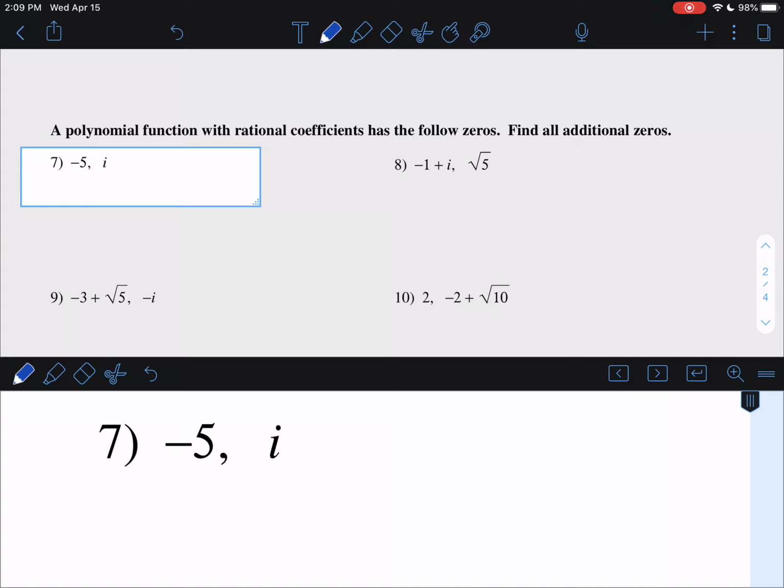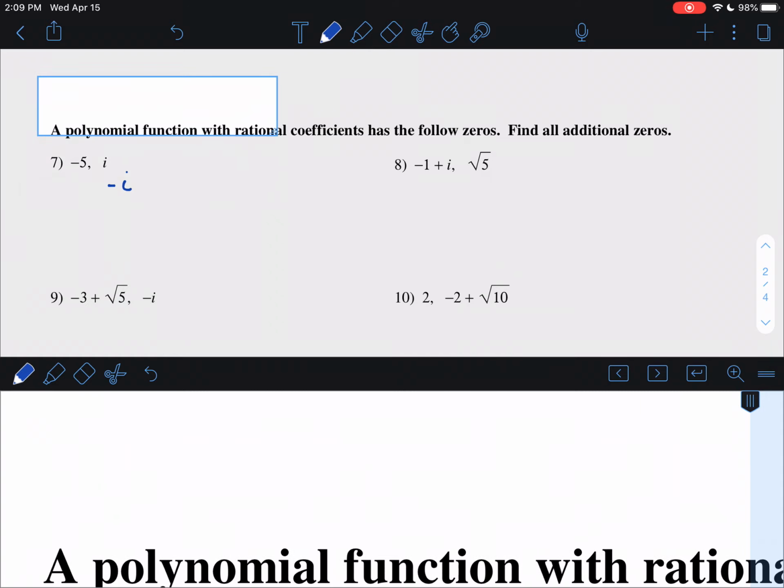So I have to include its complex conjugate. If I have -5 and i, I don't have to worry about the -5, but I do have to worry about the i. So I'm going to have -5, i, and the third zero is going to be -i, because remember, the complex conjugate of a plus bi is a minus bi.